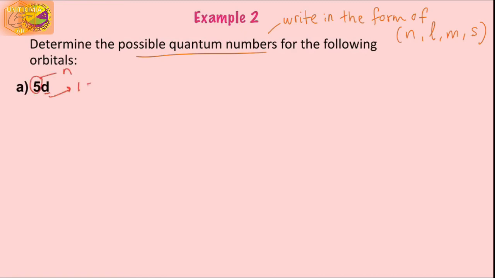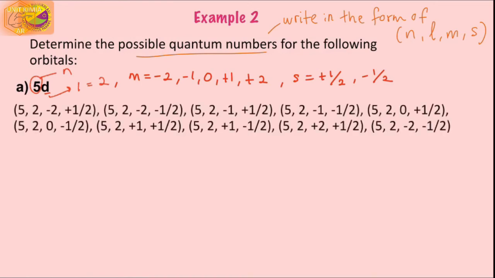Hence, the value of m are -2, -1, 0, +1 or +2, while the value of s are +half or -half. Thus, we will have 10 possible combinations of quantum numbers.